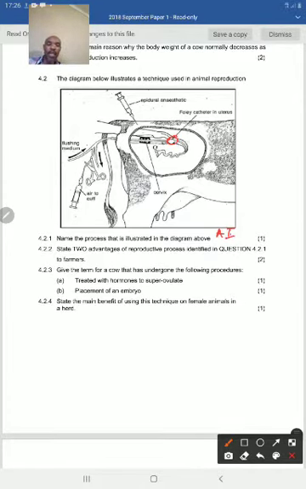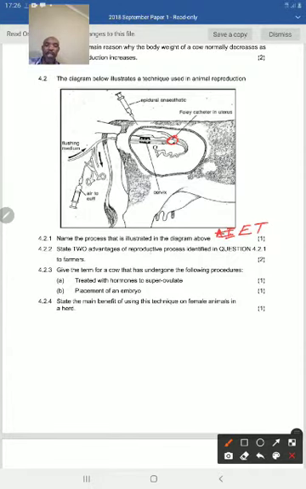So it means it's not AI, it's embryo transfer. It's embryo transfer, right? Yes, because you can see there's this Foley catheter, which is for flushing.